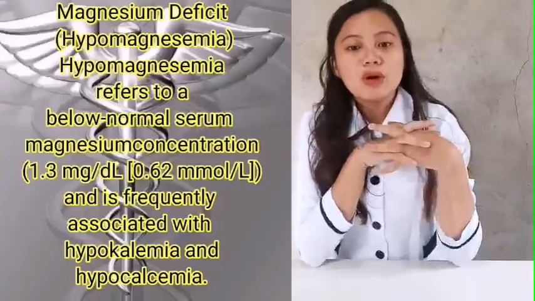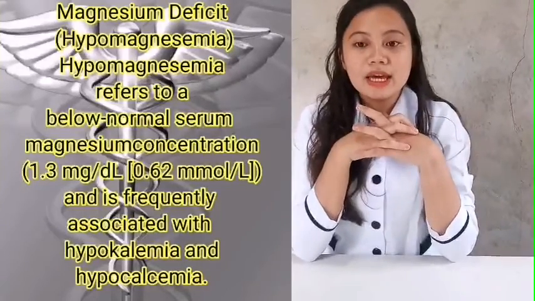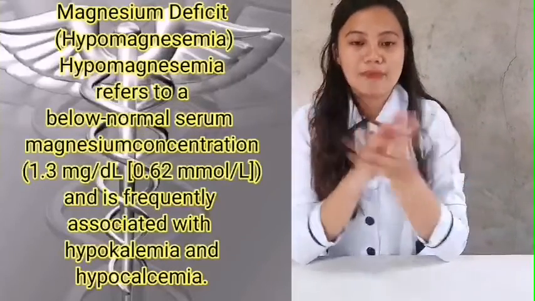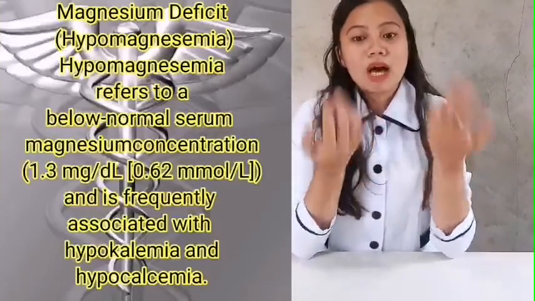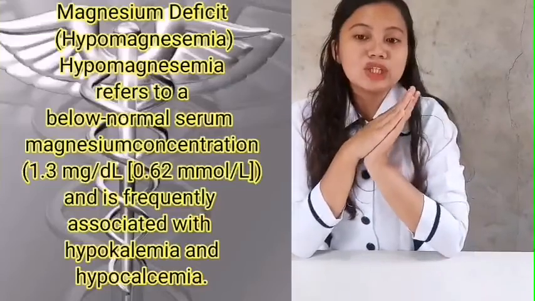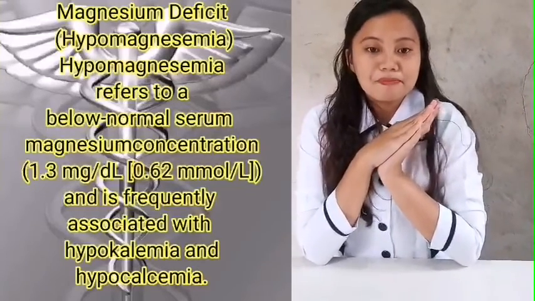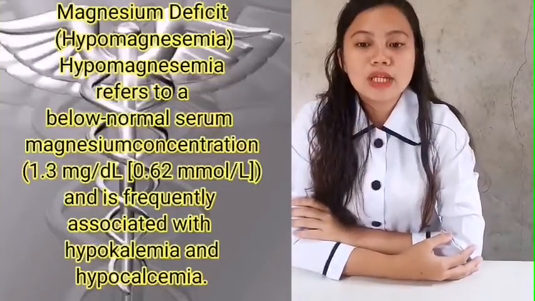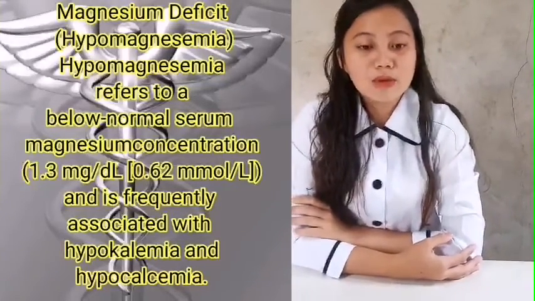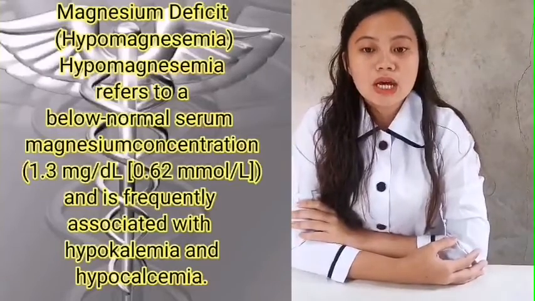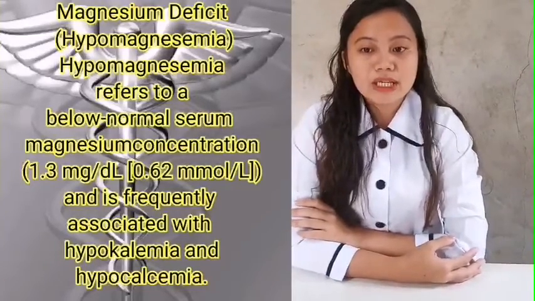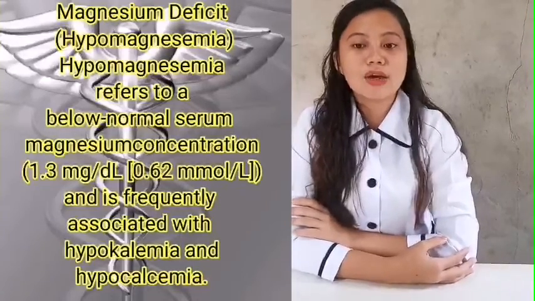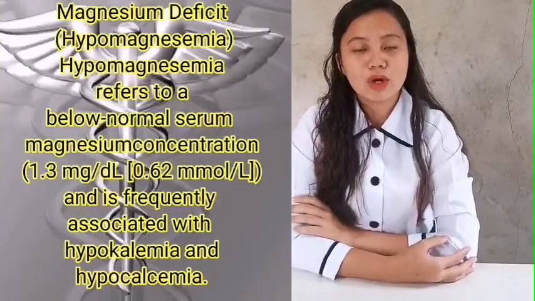And number 2, magnesium level should be evaluated in combination with albumin levels, because about 30% of magnesium is protein bound to albumin. A decreased serum albumin level can reduce the measured total magnesium concentration. However, it does not reduce the ionized plasma magnesium concentration.